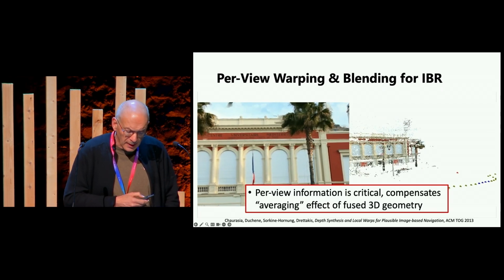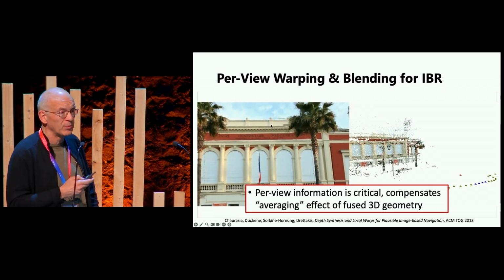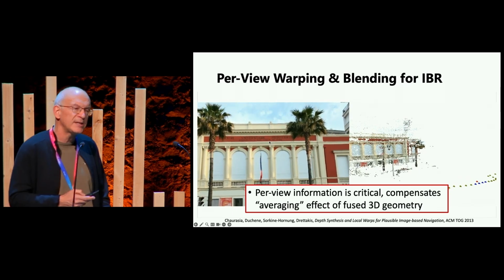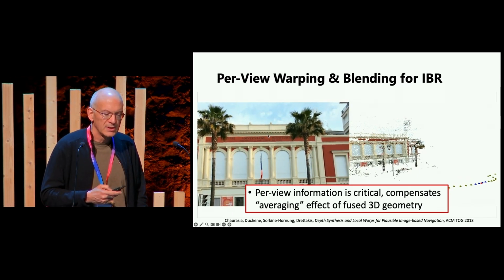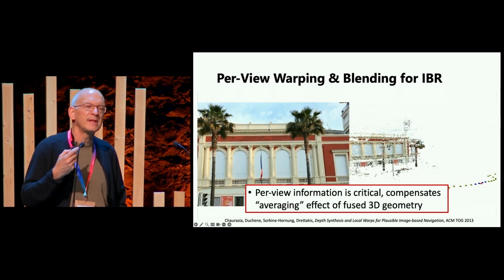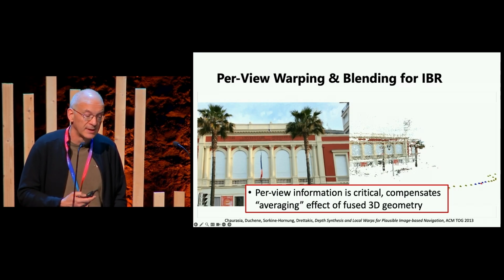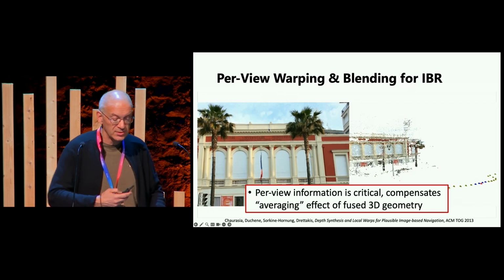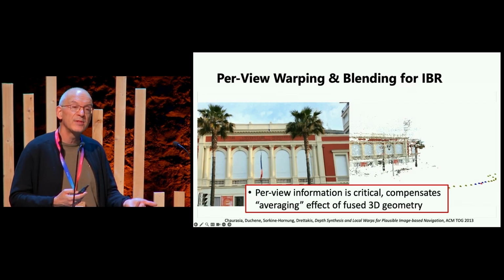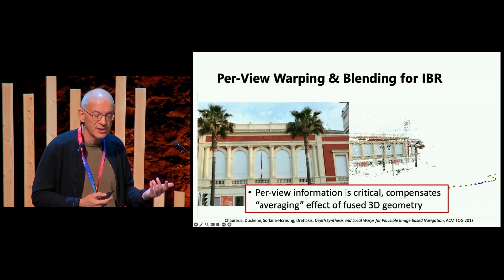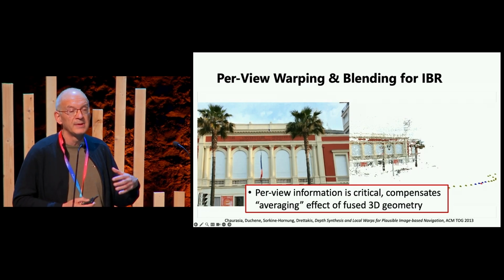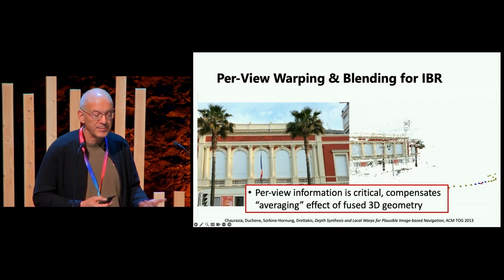So the critical thing here was that we were using information in each of the input views, so that the information in the image compensates for the inaccuracy in the geometry. And that allows us to get better quality even though the geometric reconstruction isn't good. But it has the disadvantage that you need to keep these images around all the time, and that is a bit of a problem.